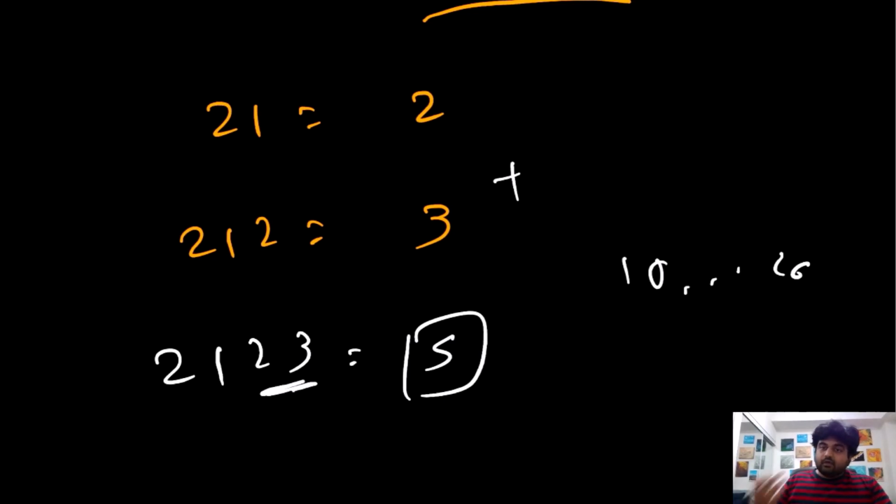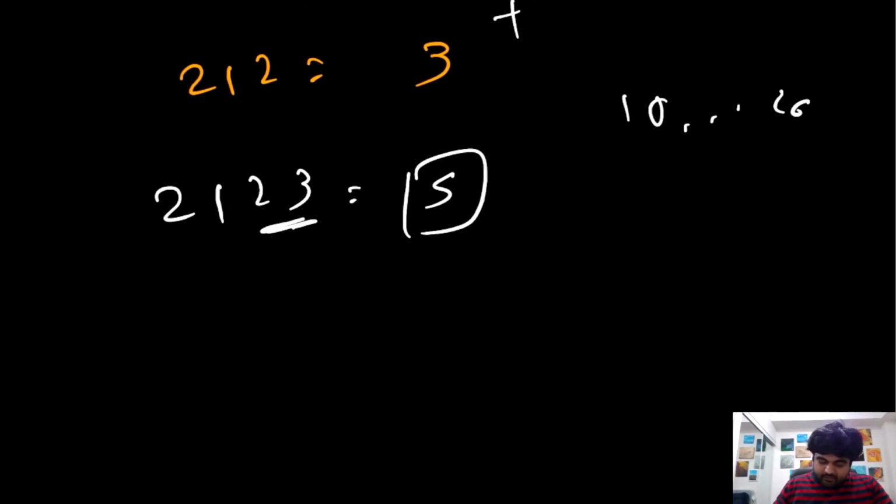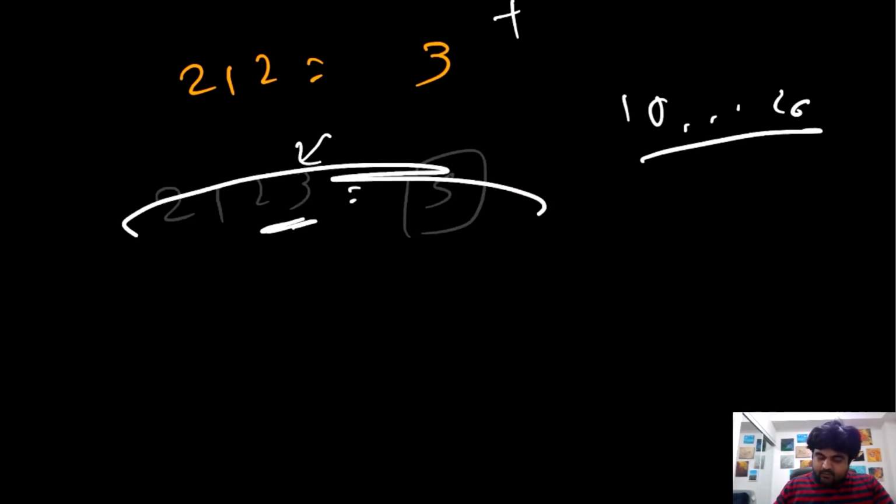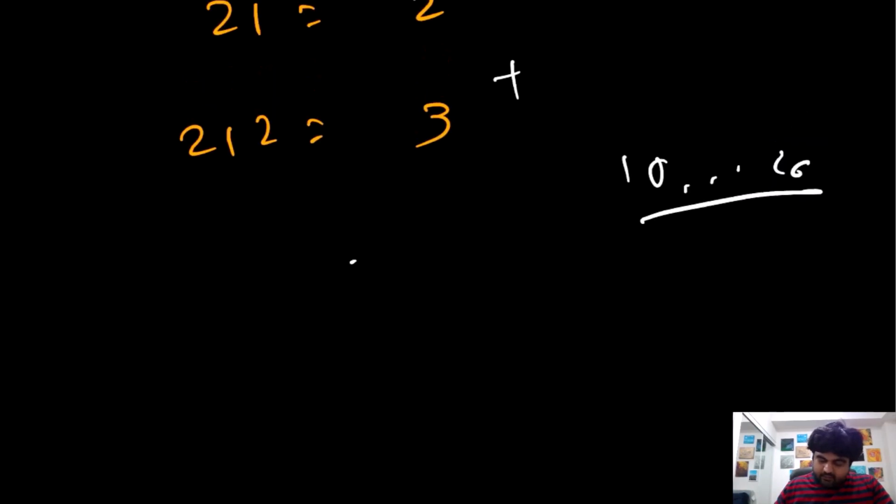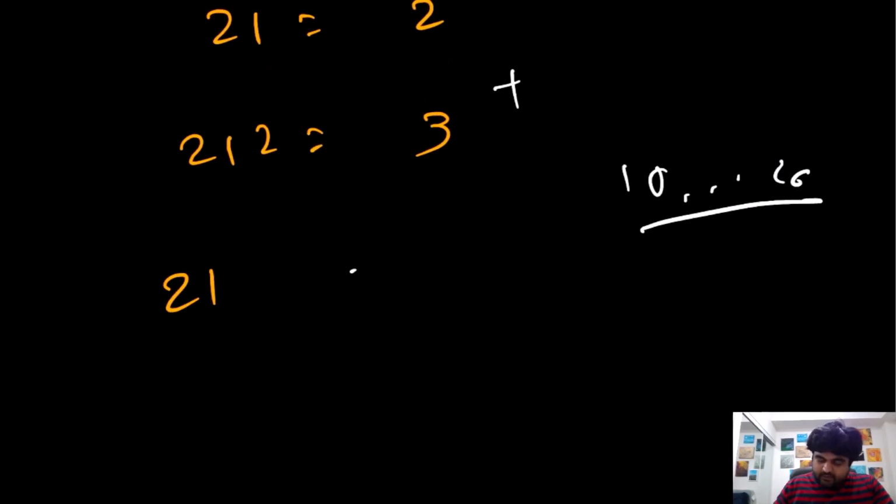Now what could be the other case? Well, the other case could be that the new value we are adding does not fall between this 10 to 26. So suppose over here the new value we are adding is 2128, something like this. So after adding this new value, this becomes 28. It does not fall between this 10 to 26. Because it does not fall between this 10 to 26, we don't need to do addition over here.